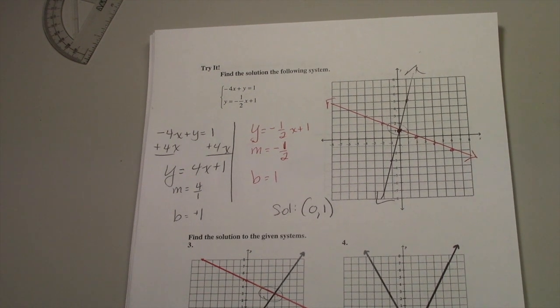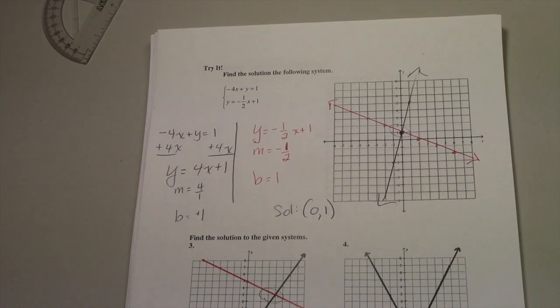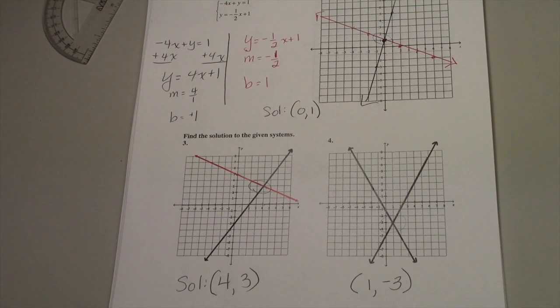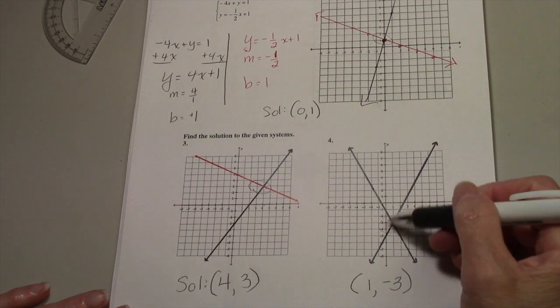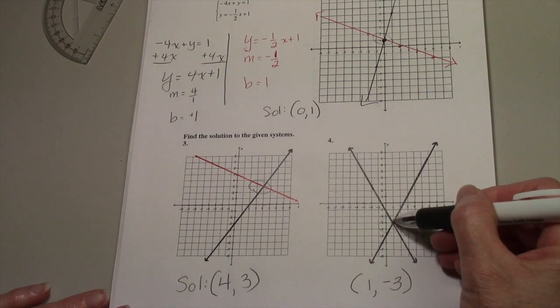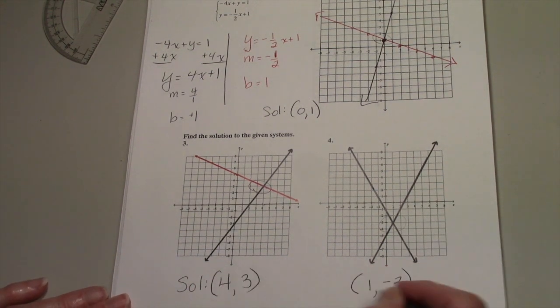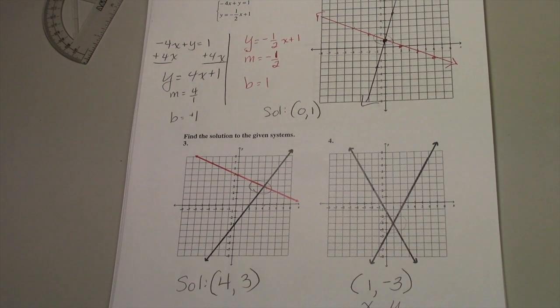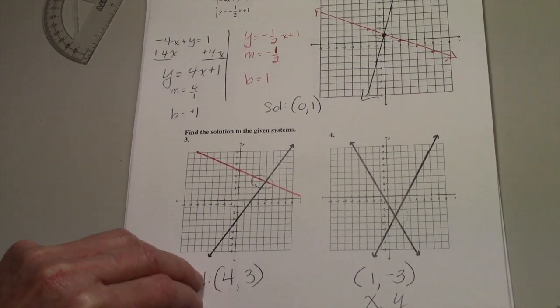So it's positive 1, negative 3. Over 1, down 3. Remember, the x is first, then the y. We good?